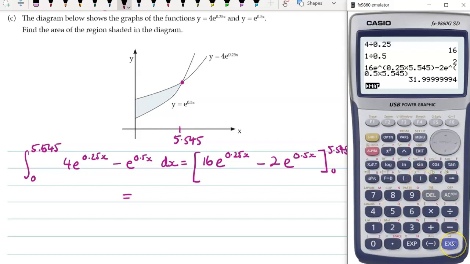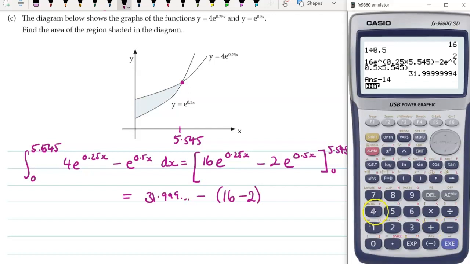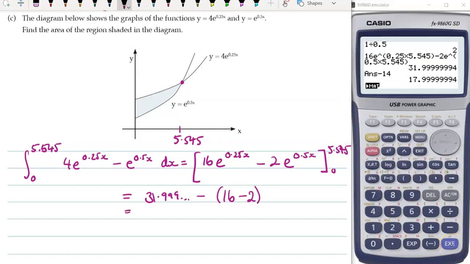And then that gives us 31.999. Let's just write all of that in. We're going to subtract, if we put a 0 in, 16 e to the 0 is just going to be 1 on both of those terms, so it's 16 minus 2, so we're taking off 14. And that rounds to 18.